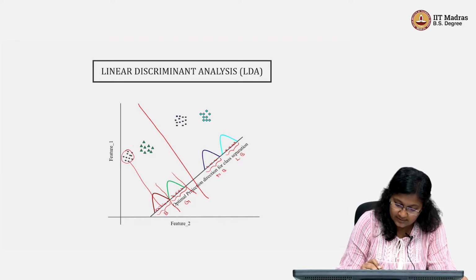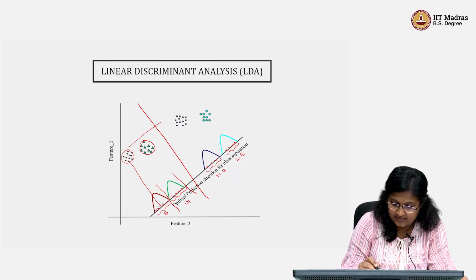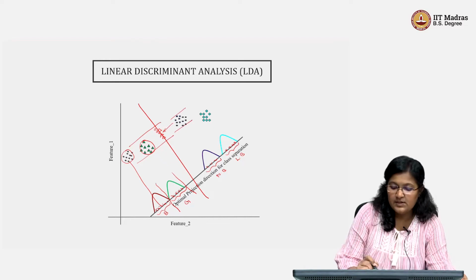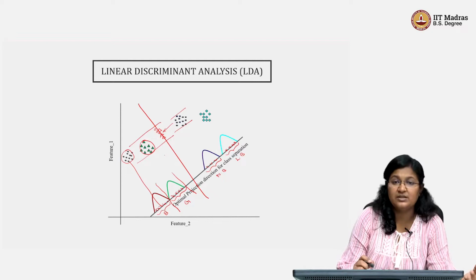This whole thing will get projected together in this region. The brown ones will get projected like this, the green ones are also getting projected on top of it, and even the navy blue ones will also get projected here. So there is no class separation possible, they all get mixed up.